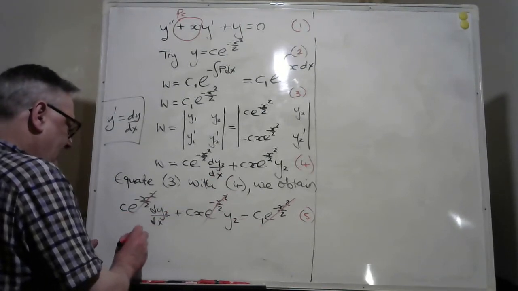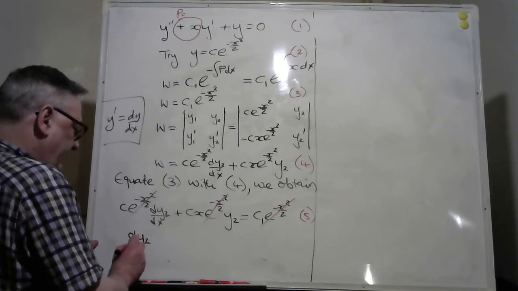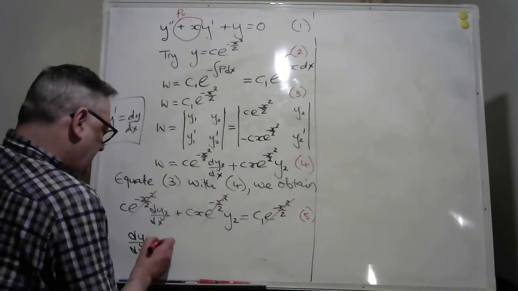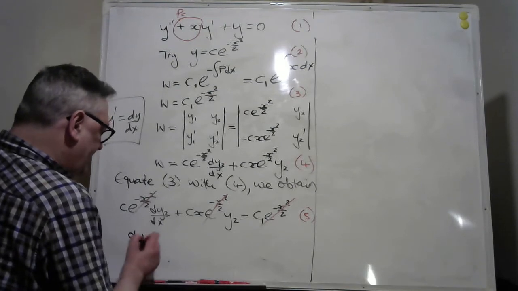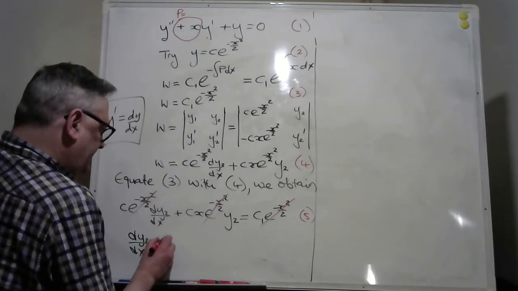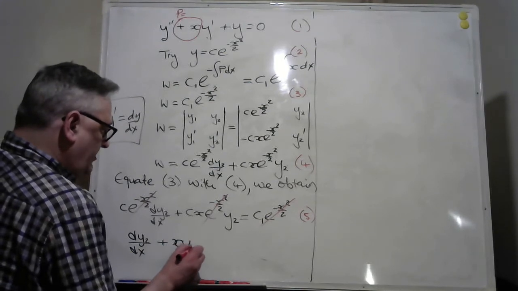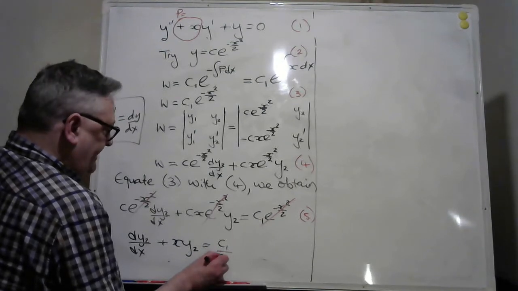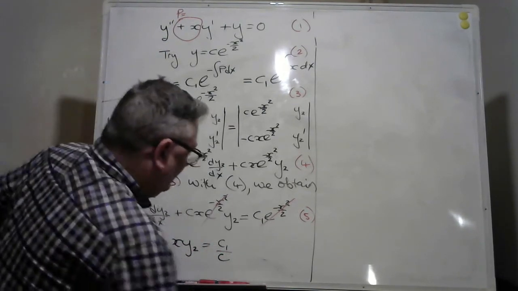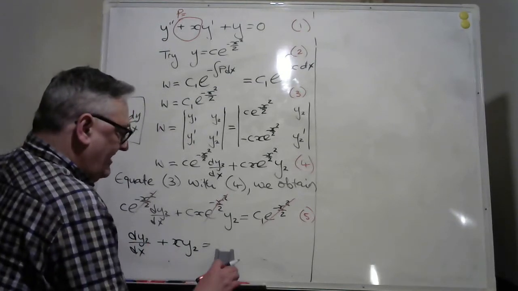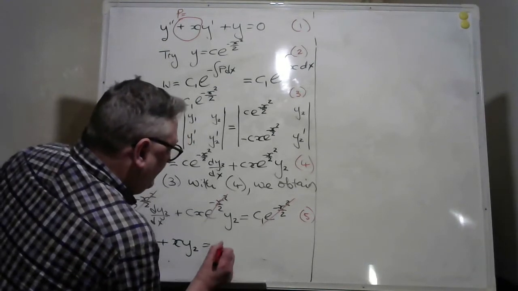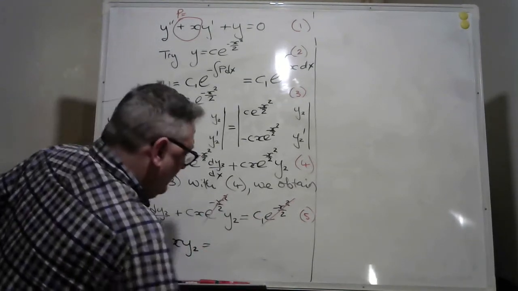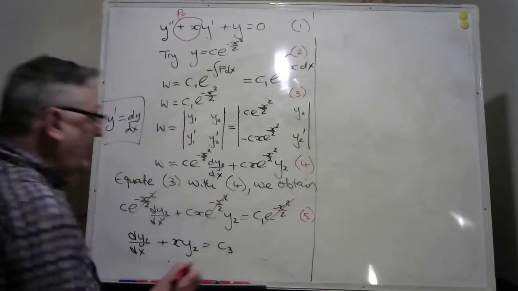So we can rewrite this as dy2 by dx plus x y2 equal to c1 over c. But of course, you can just equate that c1 over c to c3, and I'm abbreviating it there. I'm effectively jumping a step because I want to conserve space on my whiteboard.